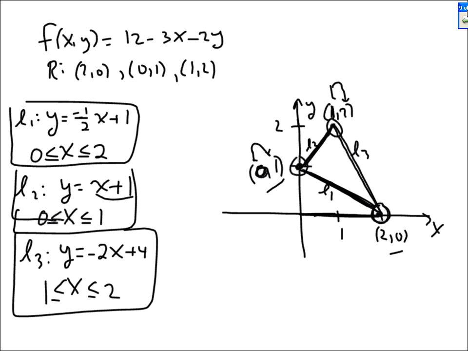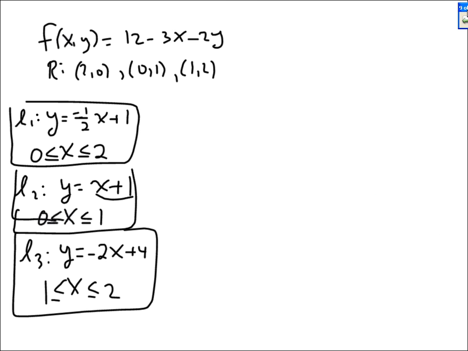I assure you that when the borders are lines, the max or min for the function f(x, y) equals 12 minus 3x minus 2y will occur somewhere on the line. If I remember correctly, it will even happen at the endpoints.